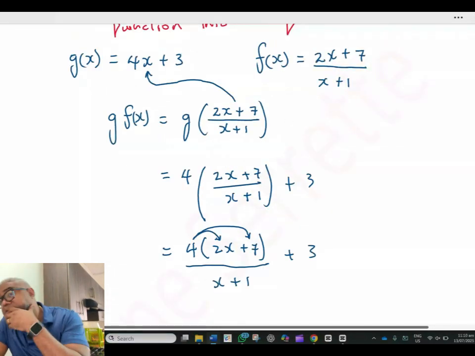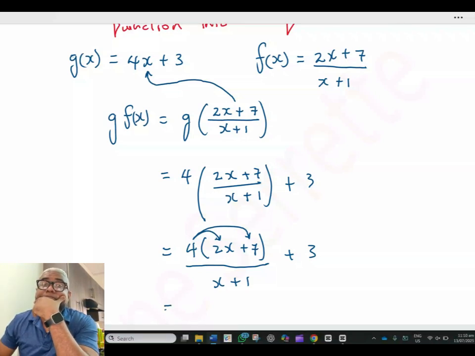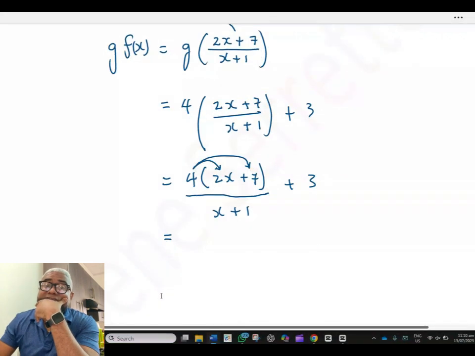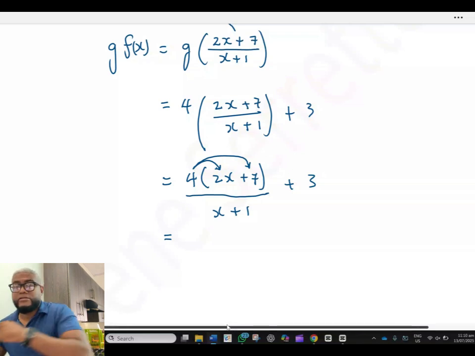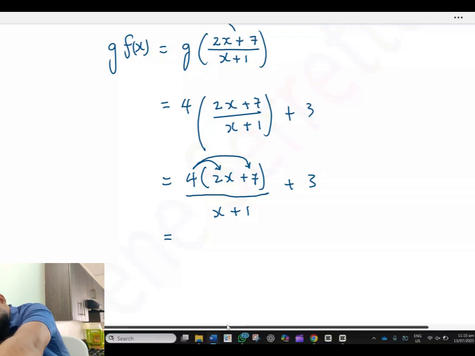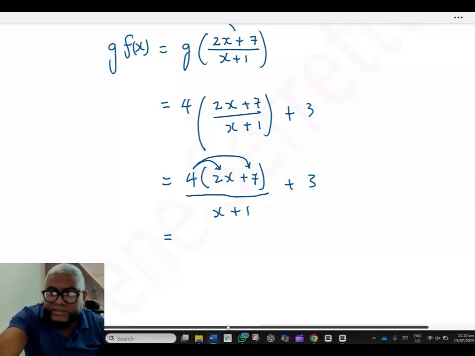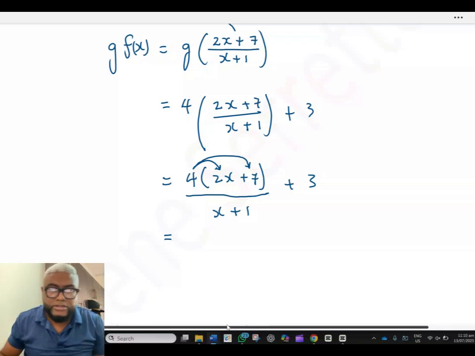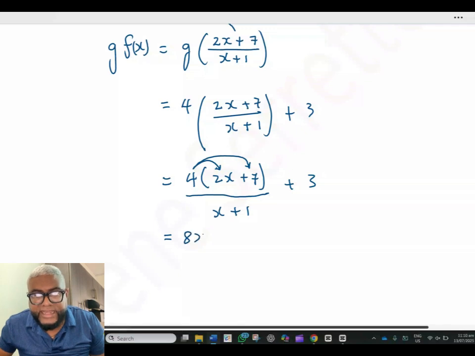When you multiply here, 4 by 2x is what? All right, excellent. So I'll put it in. 4 by 2x, Daryl said, is 8x.